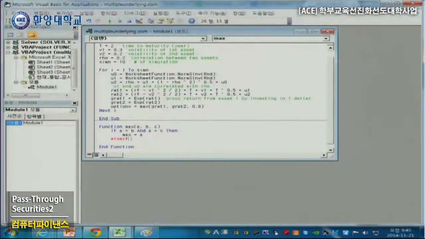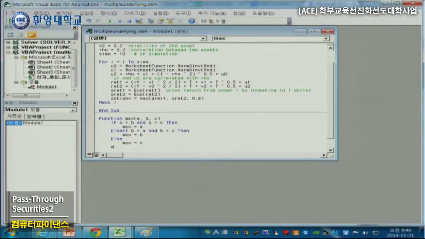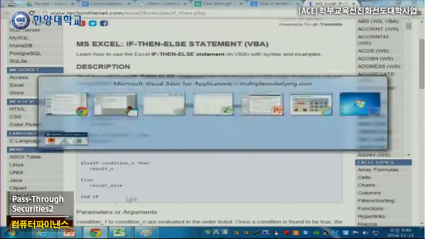Else if B is greater than A and B is greater than C, then max equals B, right? And then else max equals C, and then end if, and end if.